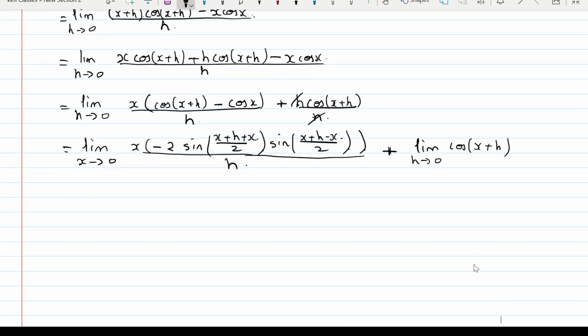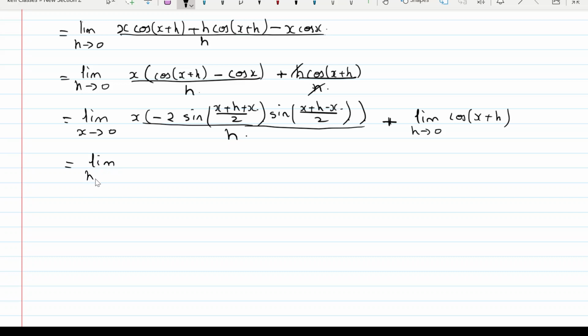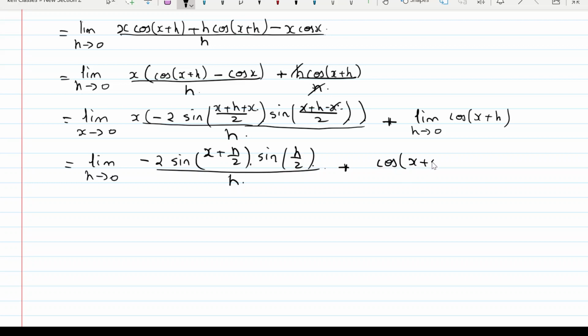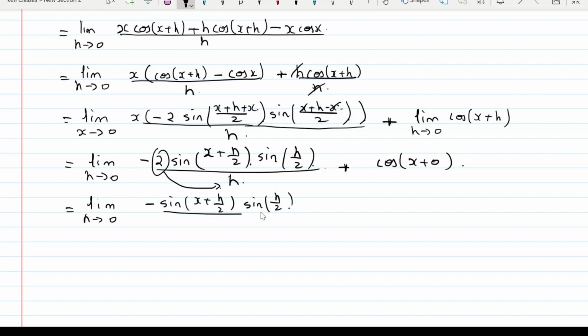Okay, so this becomes equal to limit as h tends to 0, and this is minus 2 sine, and the first term becomes 2x upon 2, so it's x plus h by 2, and this is x and x cancels, and so it is h by 2, sine h by 2 divided by h plus cos of x plus 0, which is equal to limit as h tends to 0 sine of x plus h by 2 with the minus sign, sine h by 2, and this 2 I'm taking in the denominator, so it becomes h was there upon 2 plus cos x.